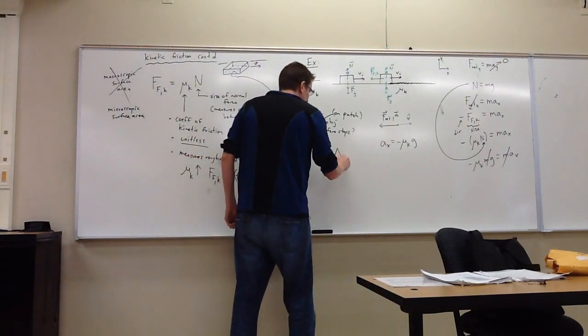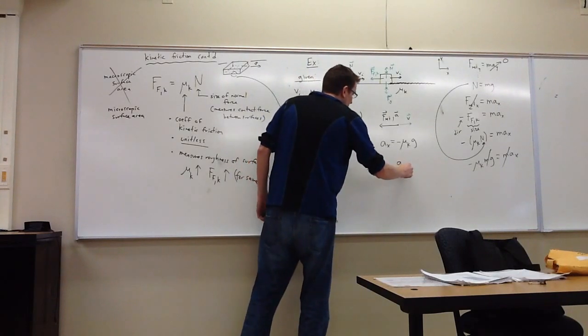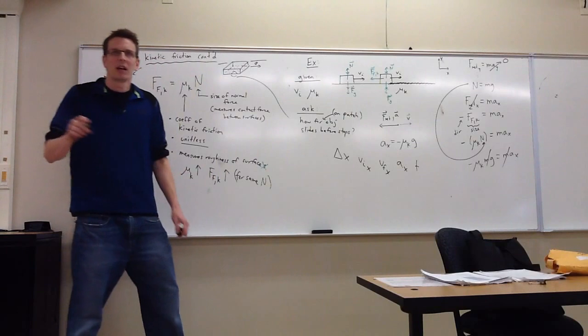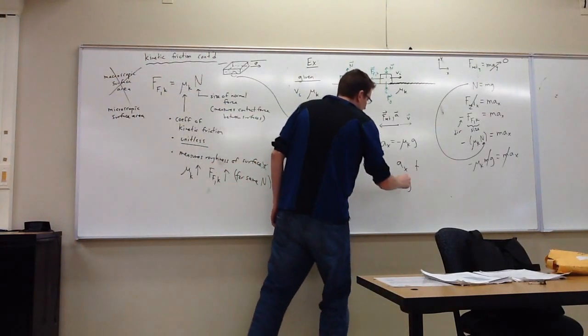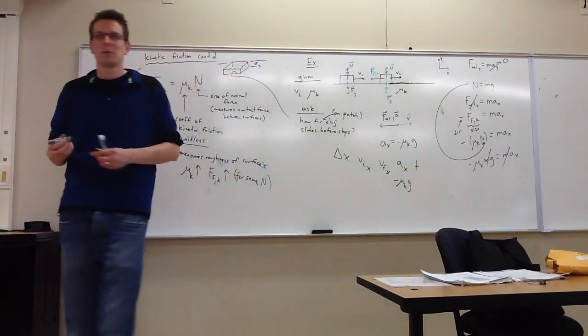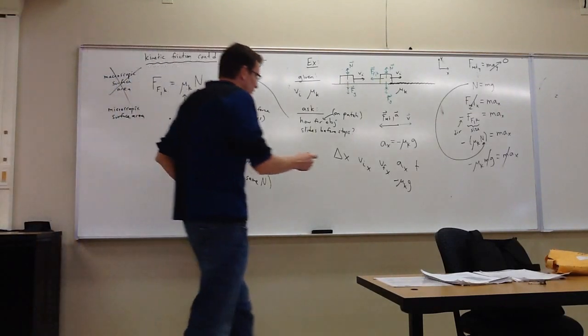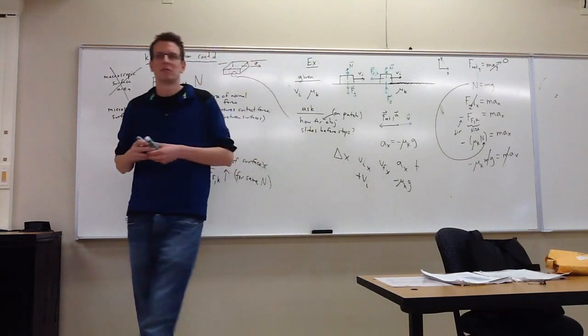I might go ahead and put down my 5 variables in no particular order. And I know that mu k g in the negative x direction is going to be my acceleration. My initial velocity I have, I'm going to call it plus v initial.